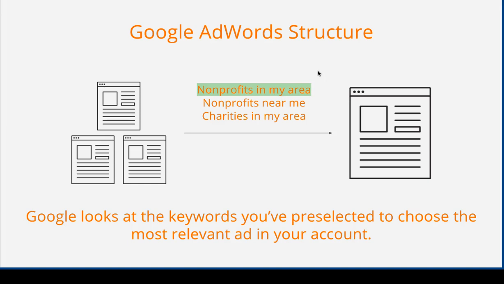And so again, let's say for example, someone went online and searched charities in my area onto Google. Google would then look at the keywords that we've pre-selected in our account and choose the most relevant ad to show to that person. So if someone was searching charities in my area, the keyword that would get triggered would be charities in my area, not nonprofits in my area or nonprofits near me.